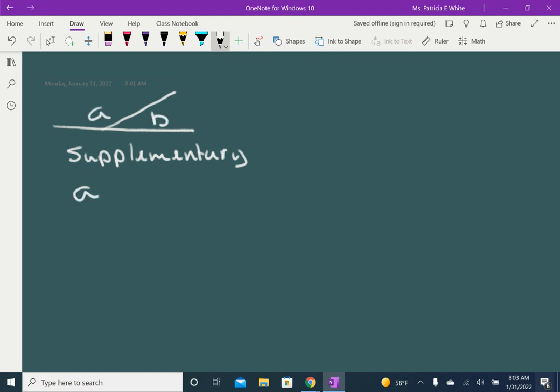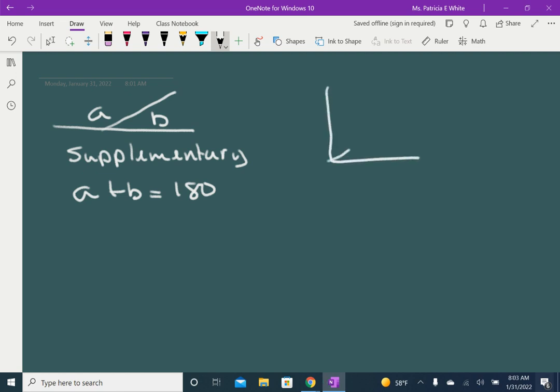If I have angles like this, or I tell you that they are supplementary, remember, we have A and B, and this is the equation A plus B equals 180. If you don't have that in your notes, let's make sure it gets in your notes.